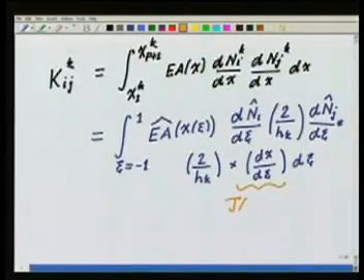Now what is dx d psi? Dx d psi is called the Jacobian of the transformation. What is that physically? What does this Jacobian mean? It means the ratio of the length of the original element to the new element.